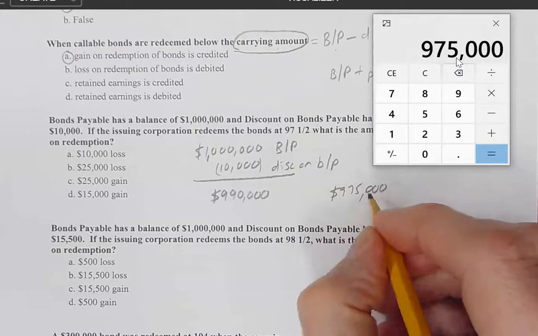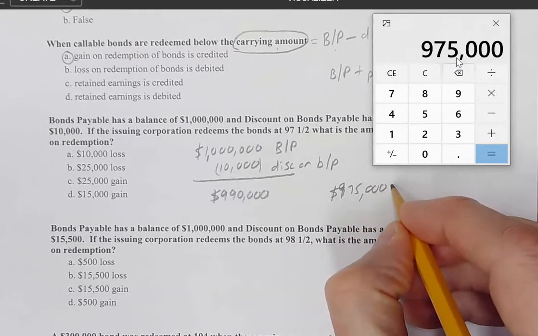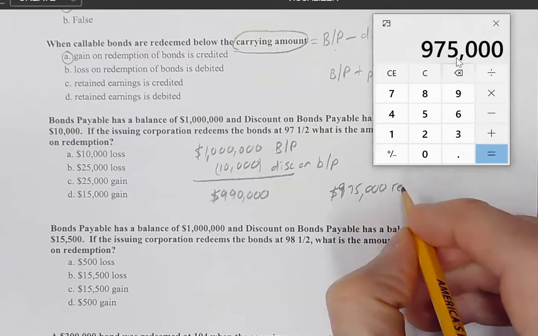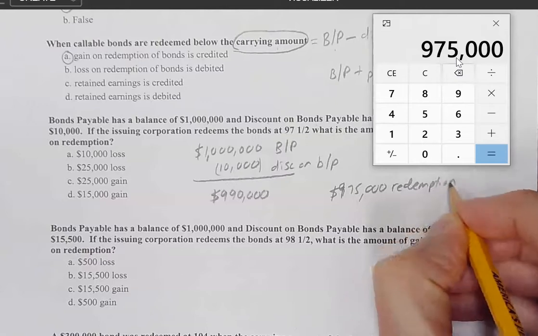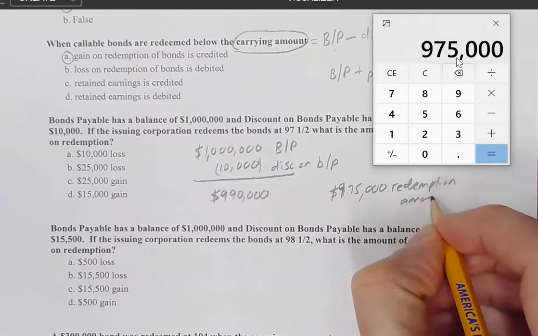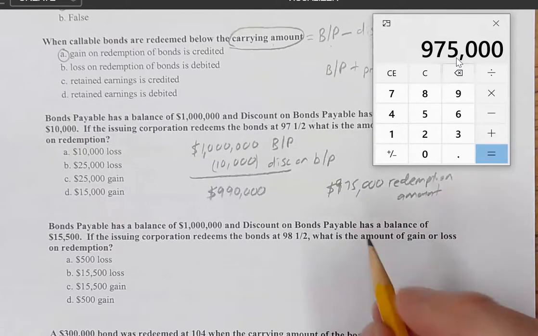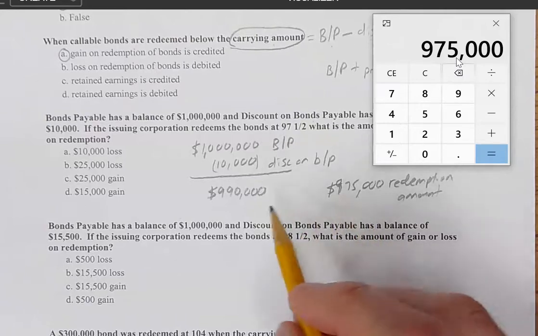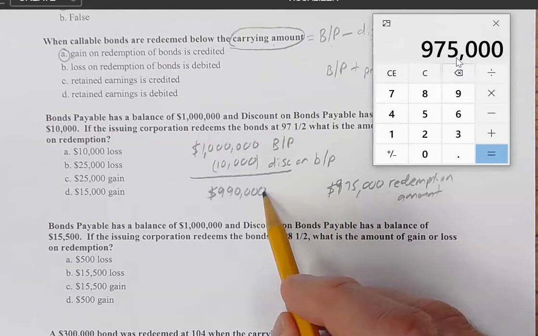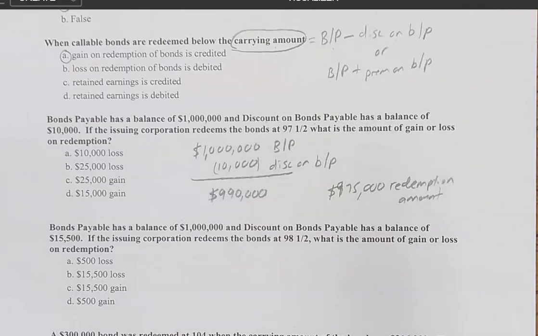And this, let me fix this 9 a little bit. This is our redemption amount. So it cost us $975,000 to get rid of a bonds payable liability with a carrying amount of $990,000.